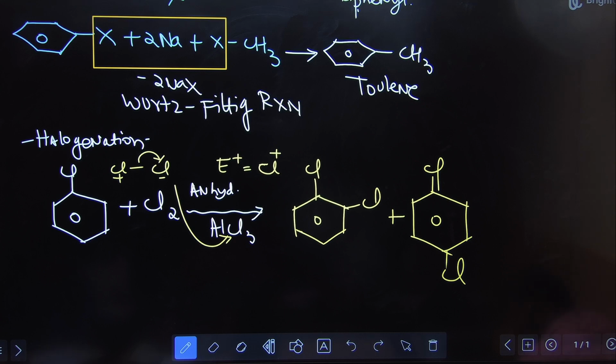Okay, now all of you give the headline. We will just go to the last part of haloarenes. That is the preparation method. Okay, we are done with the chemical reactions. So give the headline preparation of haloarenes.